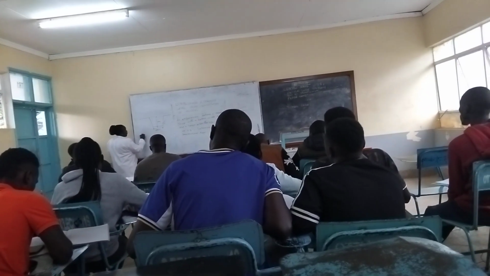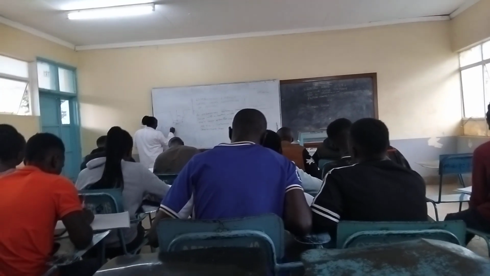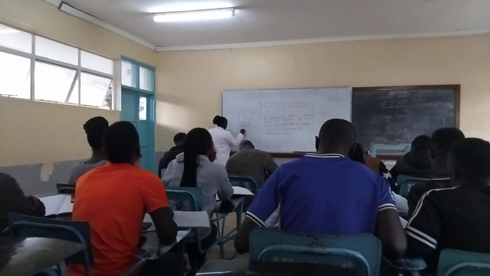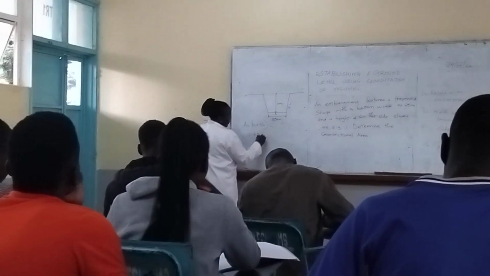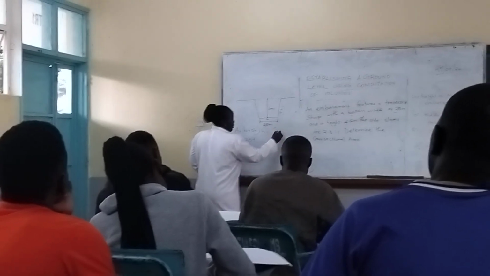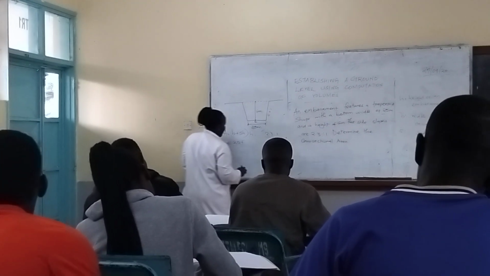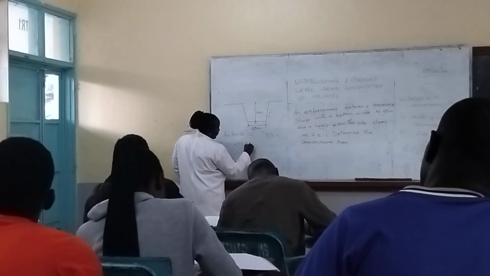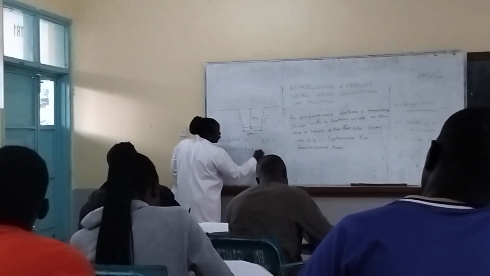Using our same formula, B plus side slope times height, into height. Our B in this case is 25 plus our side slope, which is 2.3 to 1. In this case, we use 2.3 times our height, 6, into 6.